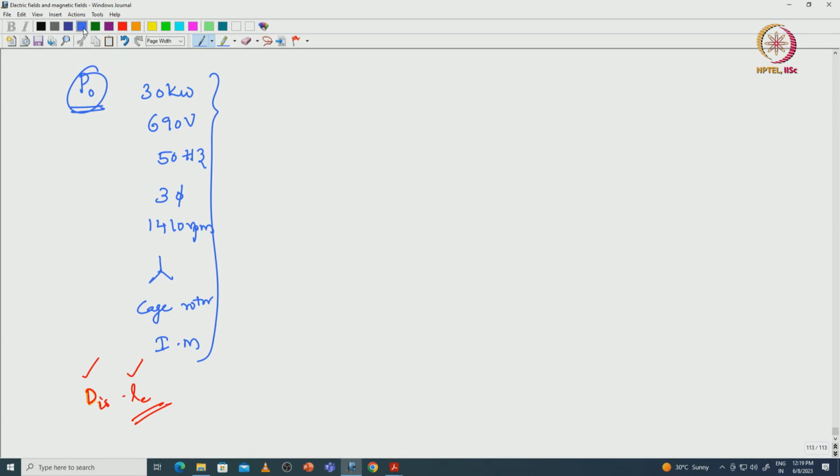So, from the power equation, P naught equals pi square by 120 times efficiency, cos phi, winding factor, synchronous speed, magnetic loading and electric loading, and then the volume product, right.